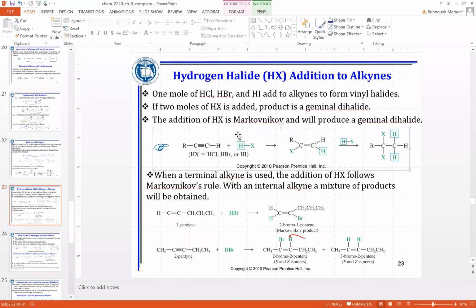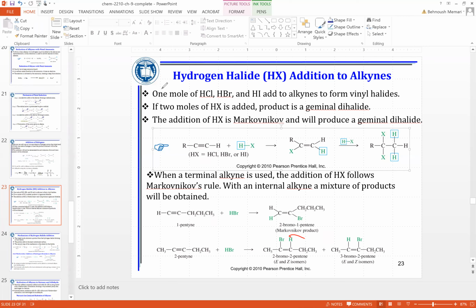Now, when you're adding HX, you have to talk about Markovnikov or anti-Markovnikov. Would it be Markovnikov addition or anti-Markovnikov addition? It depends, especially for the terminal alkyne. It depends on the catalyst that you are using.